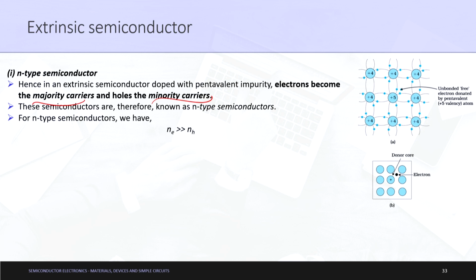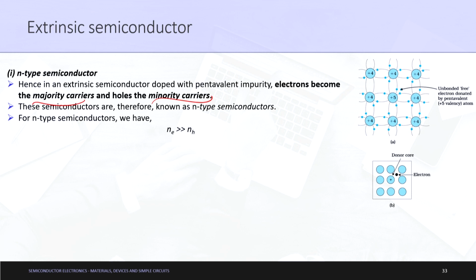Here the majority carriers are basically Ne and the minority carriers are Nh. When we study p-type semiconductors, the majority carriers will be holes and the minority carriers will be electrons. Why it happens, we will understand in subsequent slides, but for now we understood that electrons become majority carriers. Why?